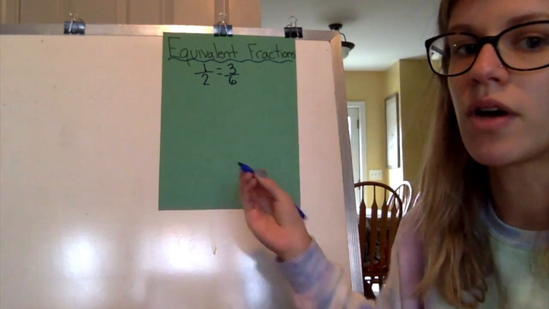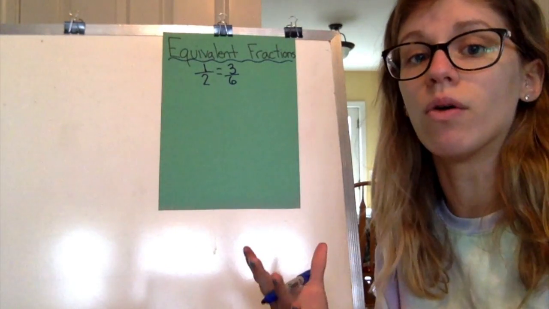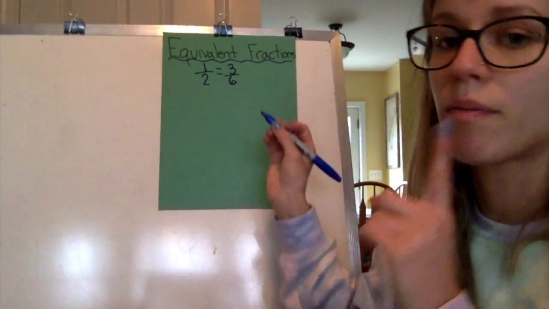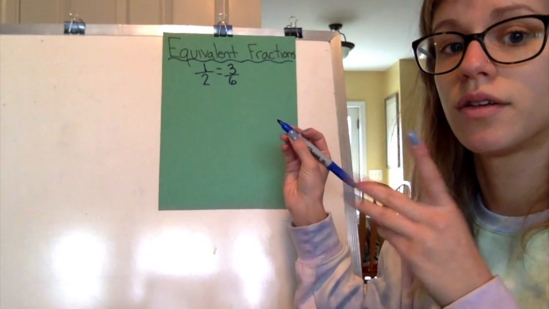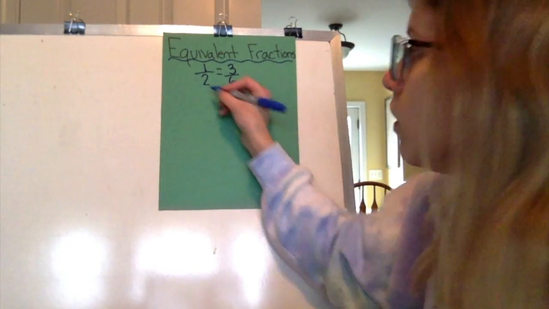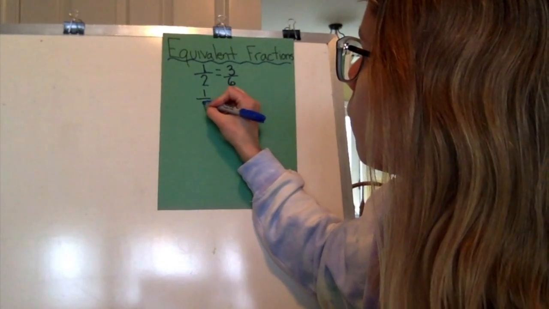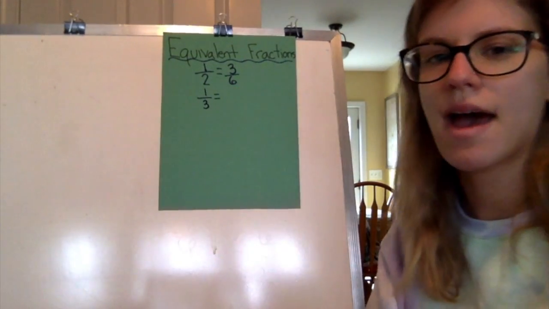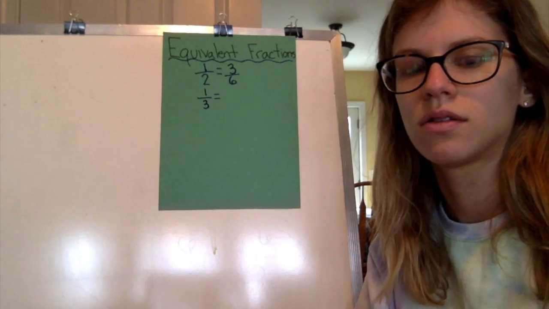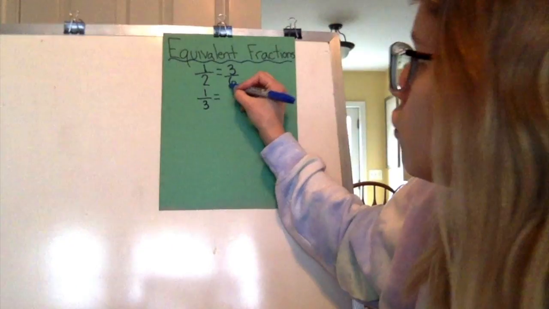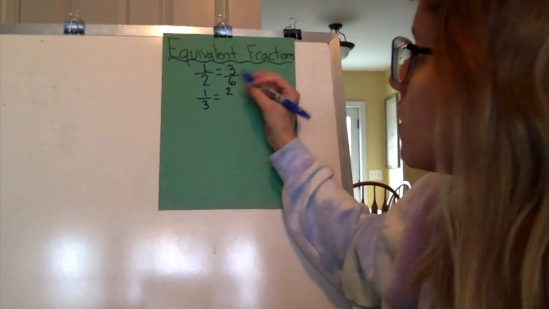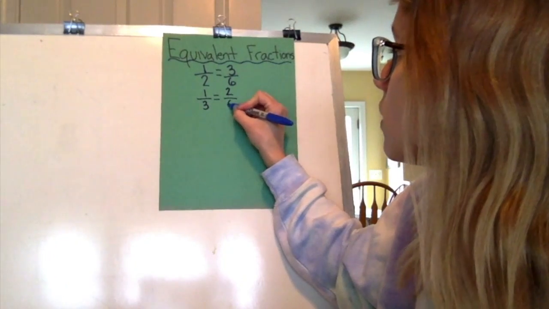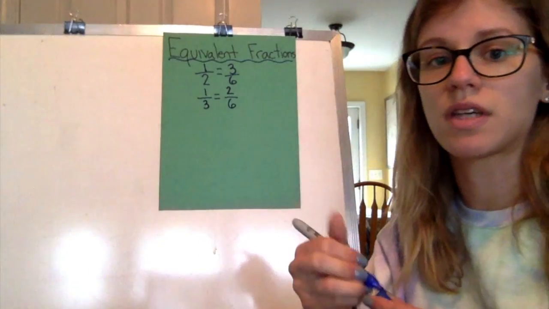We also just talked about another equivalent fraction, and it didn't complete the whole, but we figured out that 1 rhombus, which would be 1/3, because it took 3 rhombuses to make up my whole, 1/3 is equal to how many triangles? It took 2 triangles to have the same amount, and it needed 6 total to make up my whole. So here are 2 equivalent fractions that we figured out together.